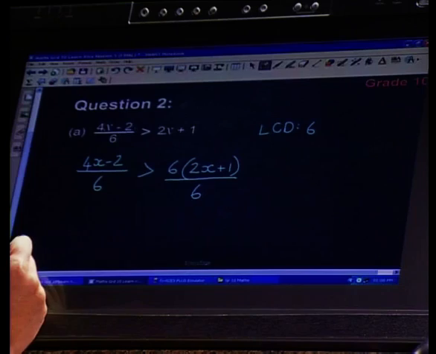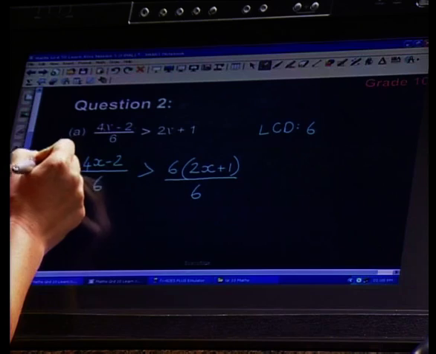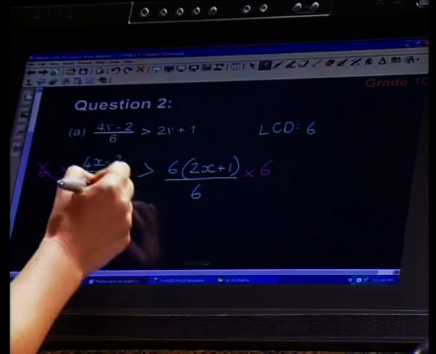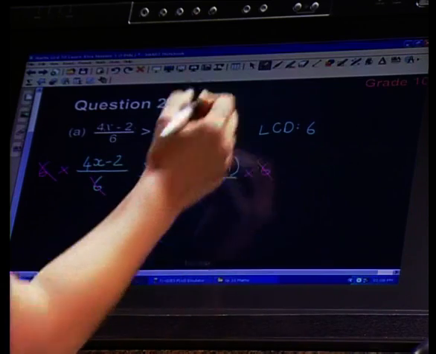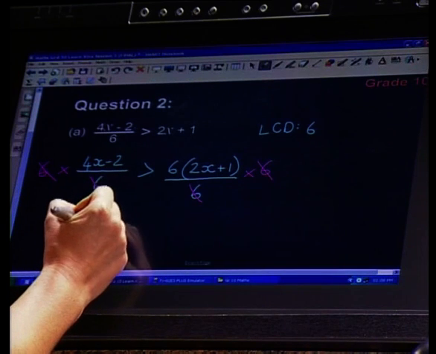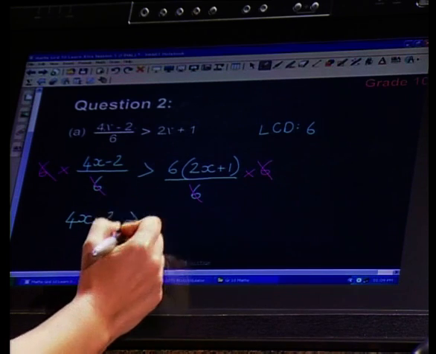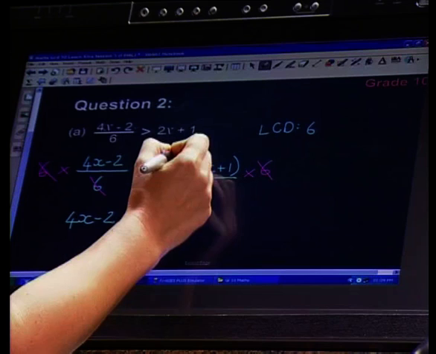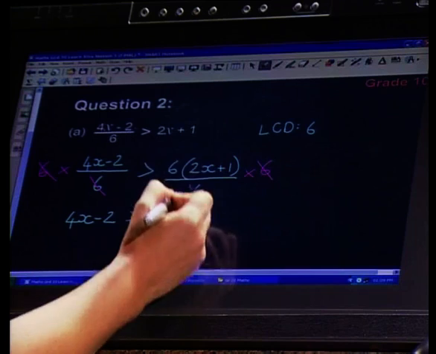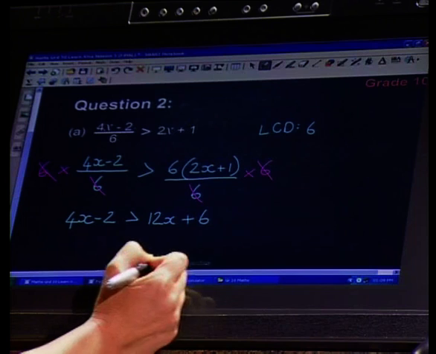Now that we've done that, we're able to get rid of the denominators on both sides by multiplying both sides by 6. And that means we can cancel the denominators, and we are now left with 4x minus 2 is greater than, and let's multiply this out at the same time. 6 times 2x gives us 12x, and 6 times 1 gives us 6.